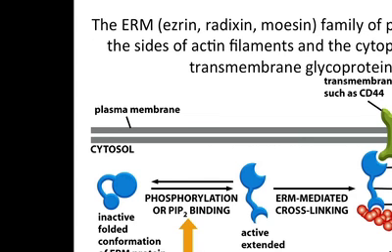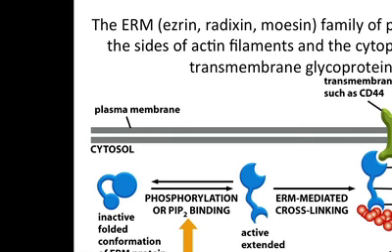So these ERM family of proteins stands for Ezrin, Radixin, and Moesin. And so this is a family of proteins that bind to the sides of actin filaments and the cytoplasmic tail of transmembrane glycoproteins. This is a good way to attach to the plasma membrane, right?